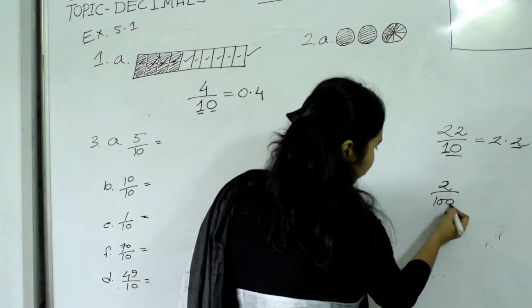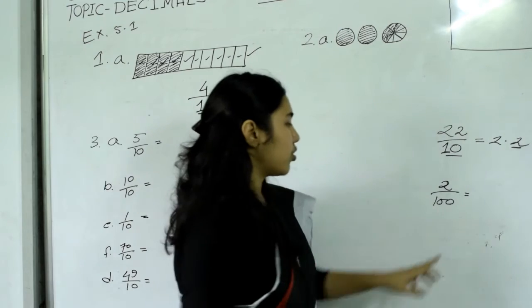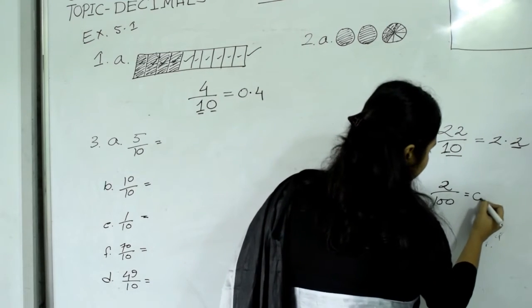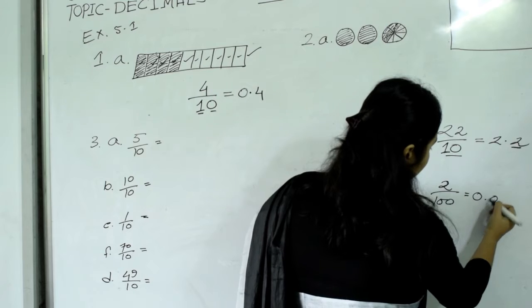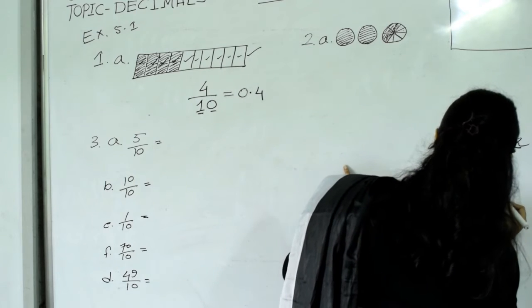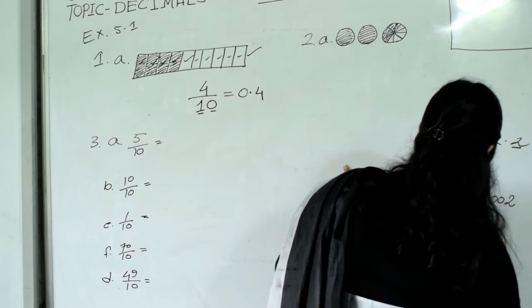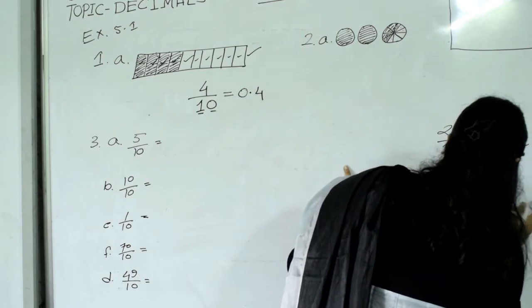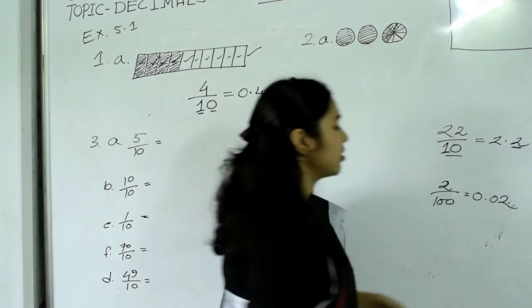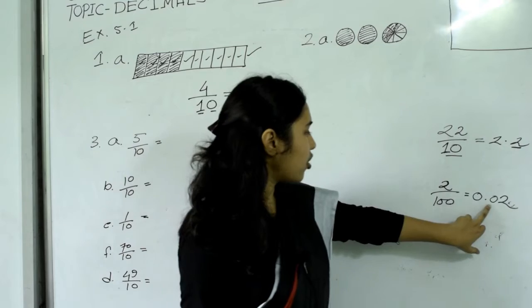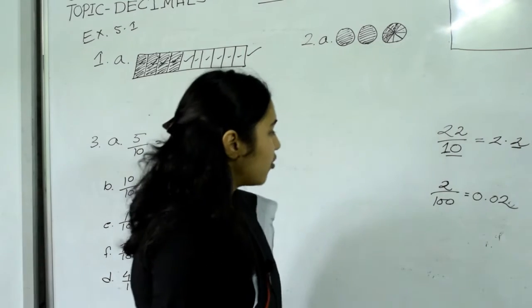So the decimal value will be 0.02. Sorry, that was a mistake earlier. Why?